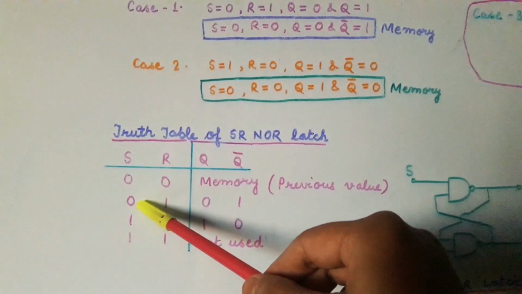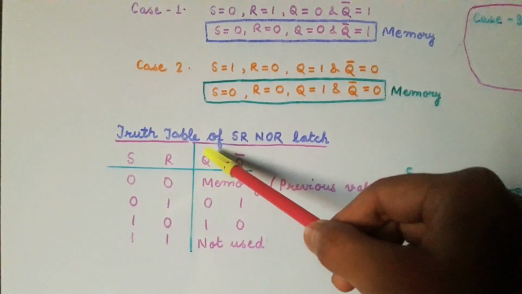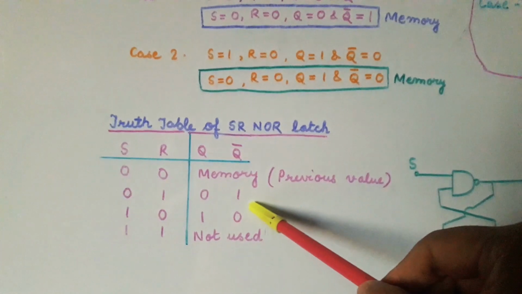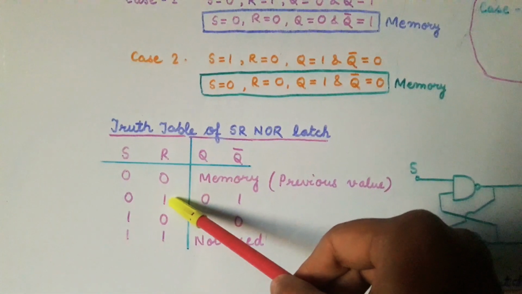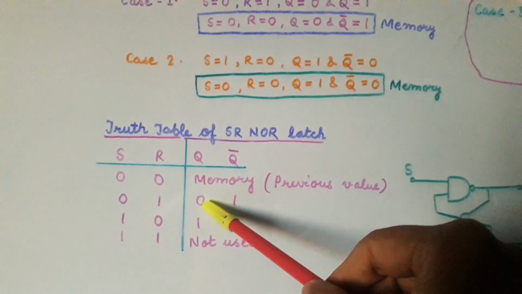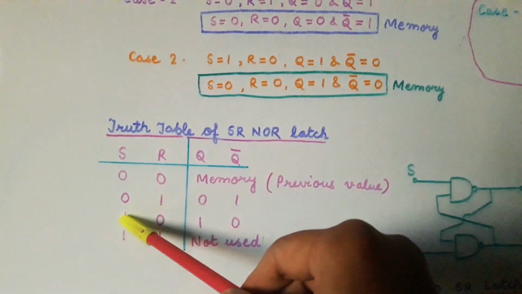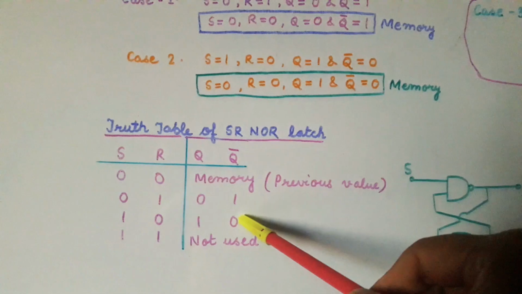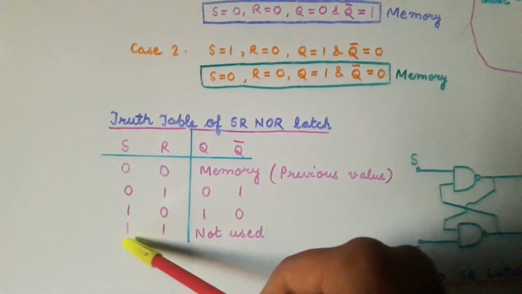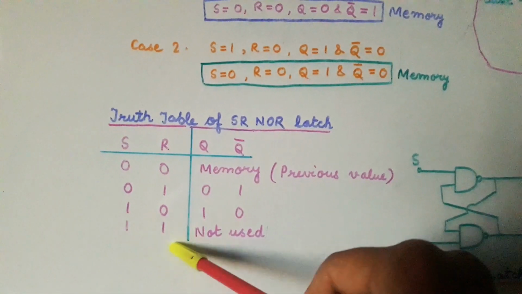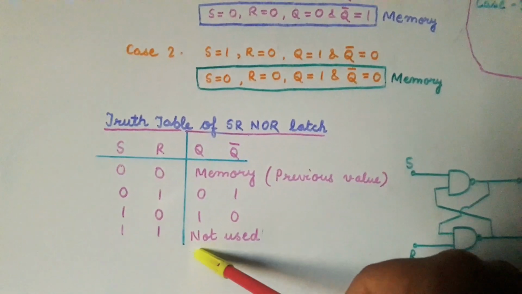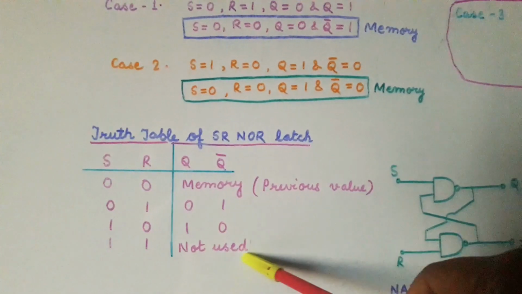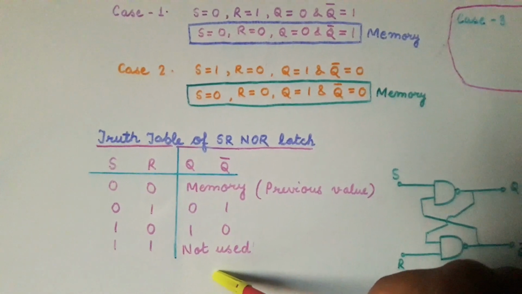If the value of S is 0 and R is 1, then we get Q equal to 0 and Q bar equal to 1, because whenever the reset input is 1, the output will be 0. Similarly, when the set input is 1, we get the output Q as 1 and its complement will be equal to 0. And we have also seen that when the value of the inputs S and R is 1, this does not give the correct result. So this case is not used.